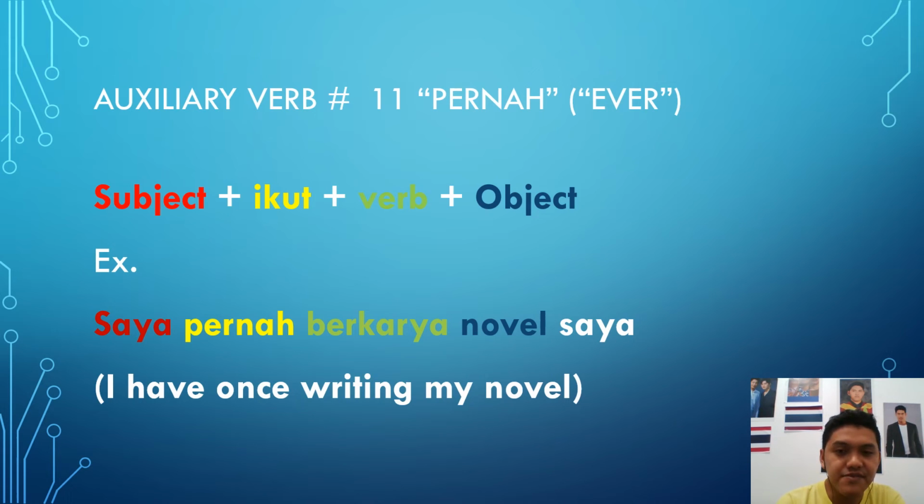For example, the sentence they use is "Saya pernah berkarya novel saya." I have once written my own novel. It doesn't matter if you indicate an adverb of time because it's optional. But this sentence is already understandable.